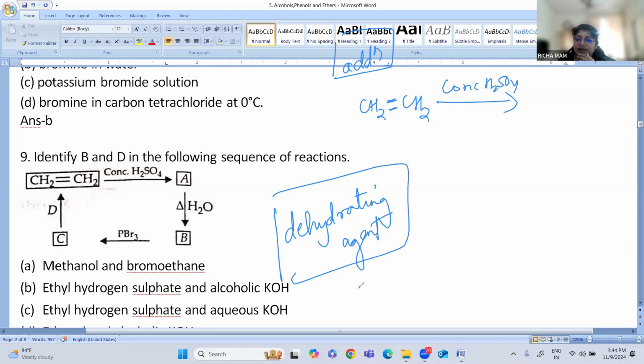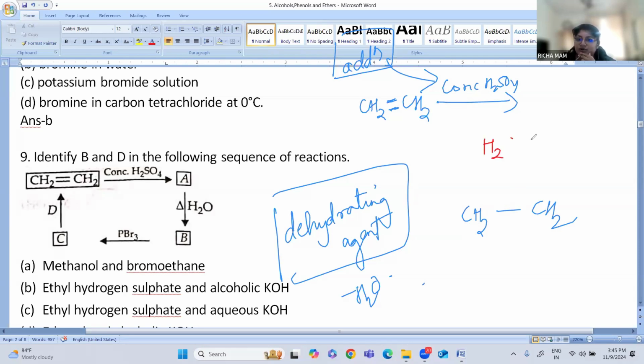Dehydrating means it helps to remove the water molecule. Here it is used to do the addition reaction. So what will happen now? CH2 double bond CH2, one of the bonds will be broken here.